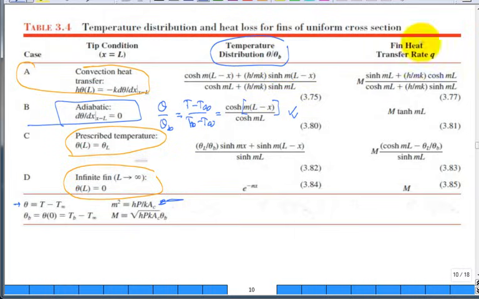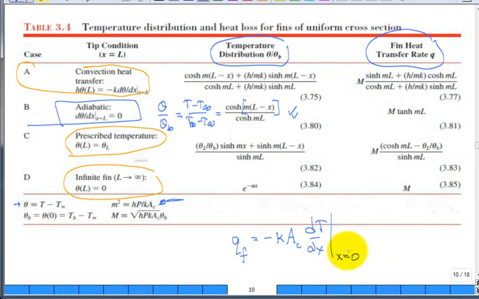The next thing of importance is our heat transfer rate from the fin. So what goes down the fin eventually gets into the fluid? You can calculate that by taking minus the k of the fin, A sub c, times dT/dx evaluated at x equal to 0.